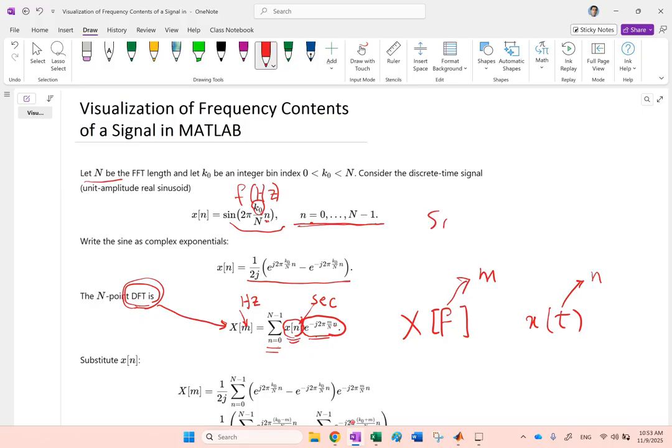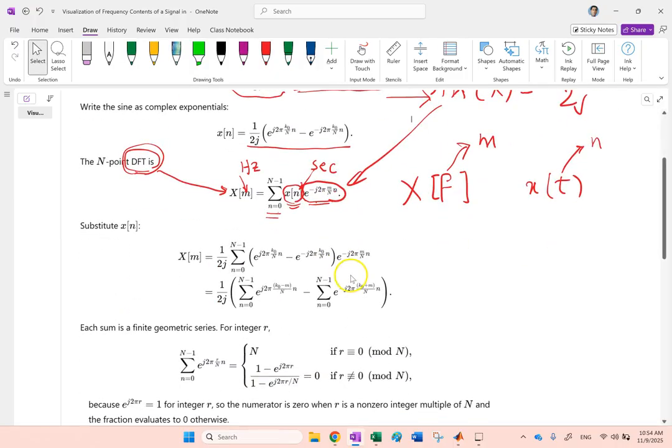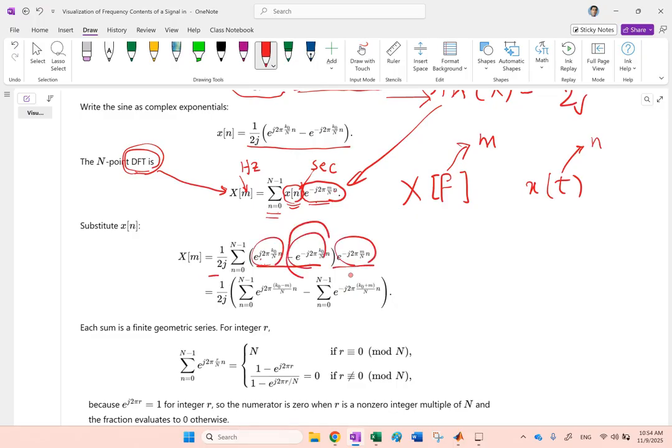You all know that sine of x, based on Euler's equality, can be written as e to the ix minus e to the negative ix, divided by 2j, and j is the base of complex numbers. So here we are using the exact same thing, and we write x of n like that, and we plug it exactly here. Then this exponential is multiplied by this, and this one is multiplied by this, and you're going to get this.